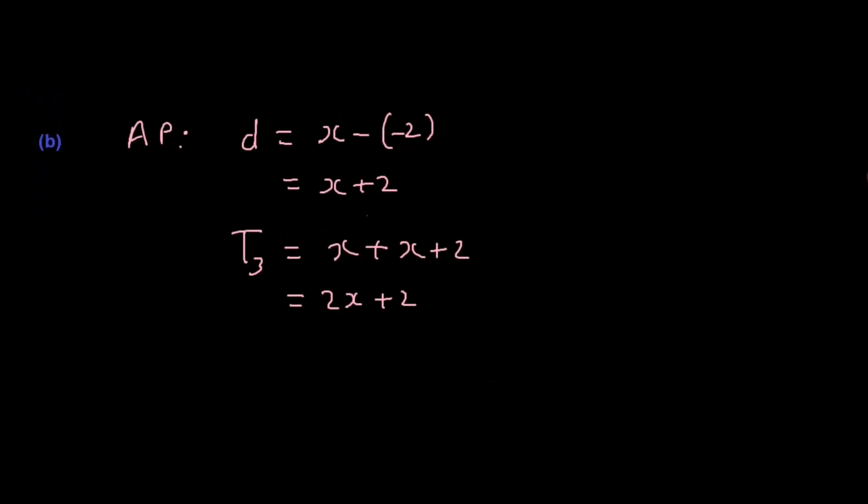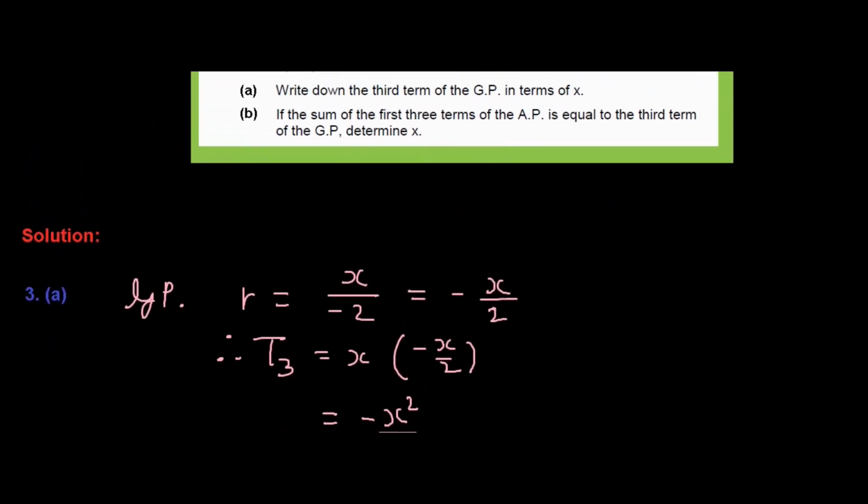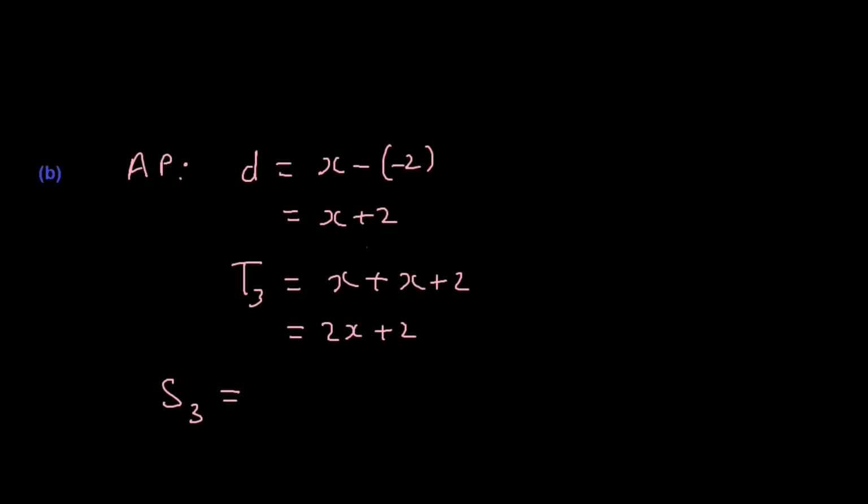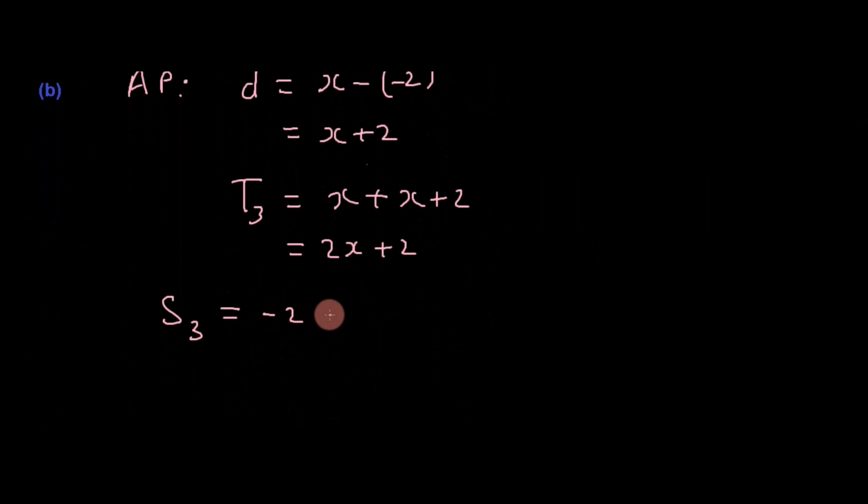So we want S sub 3. It's going to be the first term, so negative 2, plus the second term, which is x, plus the third term, which is 2x plus 2. So this comes to 3x, because these terms cancel.